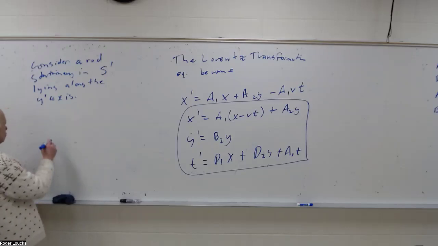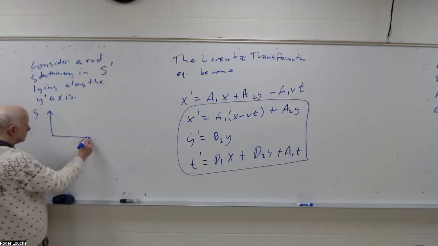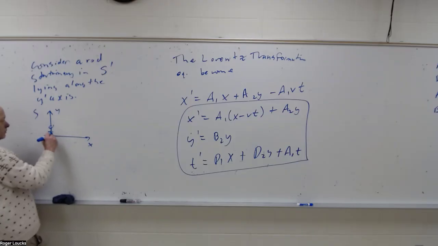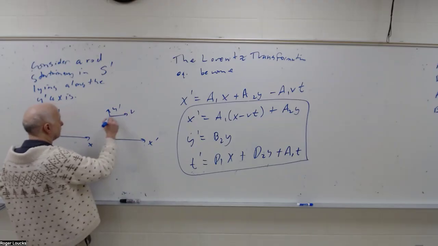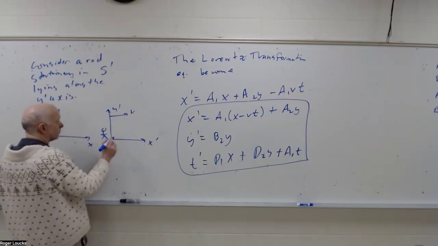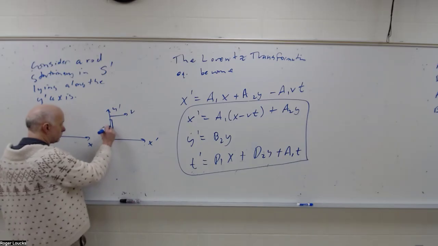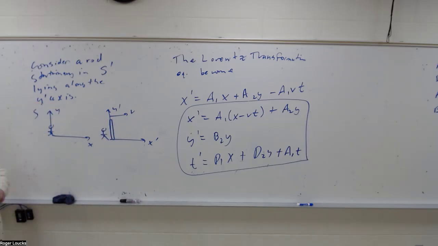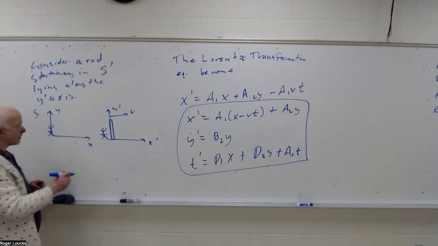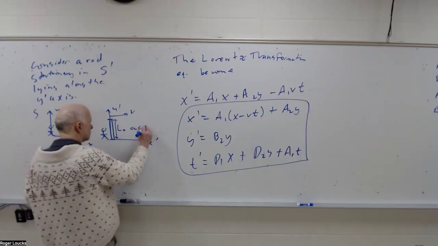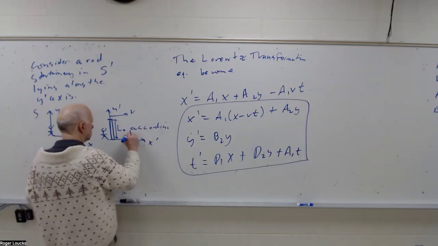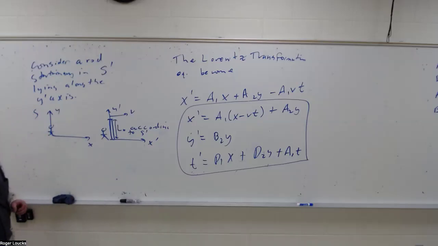So let's actually draw this picture up here. This is S, x and y. This is y prime, x prime, moving with velocity V. Here's our rod like that. This rod is going to have a length L naught according to S prime. What would this person here see?